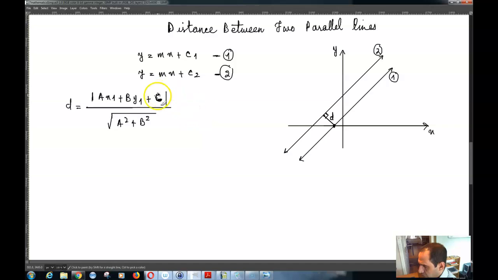So that means that this x1, y1 is a point outside of this line.